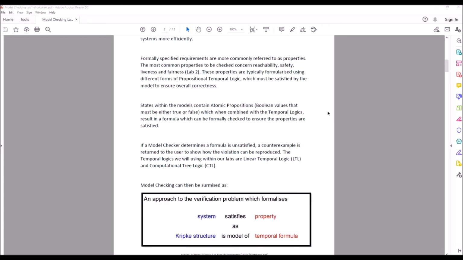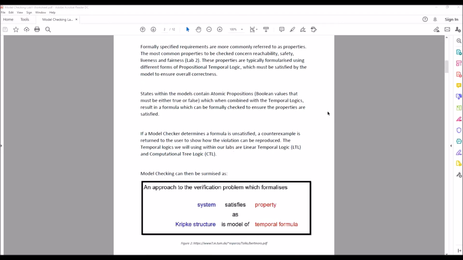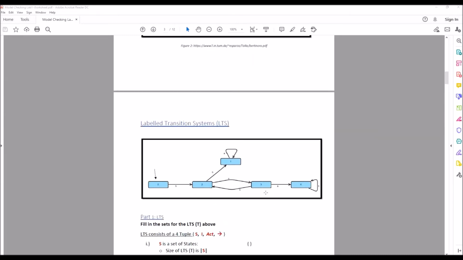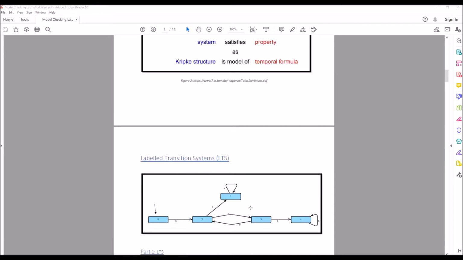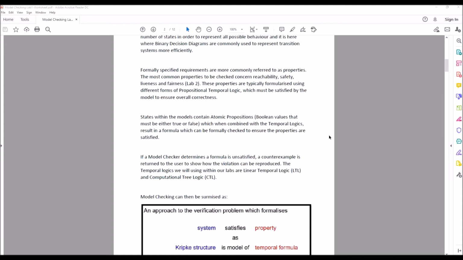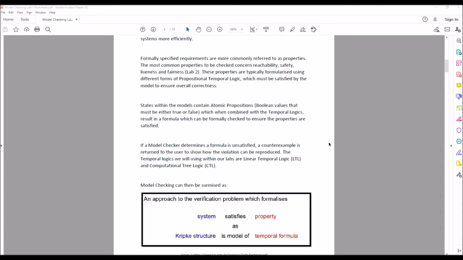So, formally specified requirements are more commonly referred to as properties. The most common properties to be checked concern reachability. So if you have a number of states, can all these states be reached? Safety, so to ensure that nothing bad happens within your model, such as two parallel programs entering a critical section.